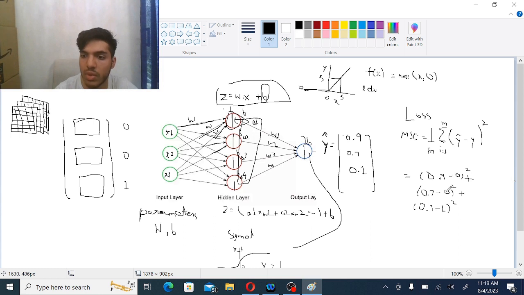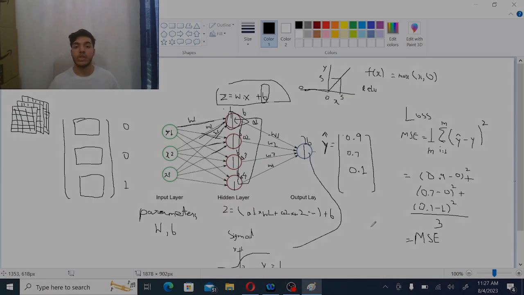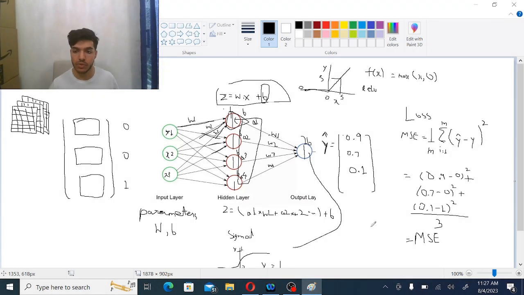So this plus this plus this, and all of that divided by the number of samples. How many samples do we have? We have 3 samples, so we're going to divide it by 3. So this is the mean squared error that we're going to get from the forward pass. All right, so what happens after we calculate the loss function?